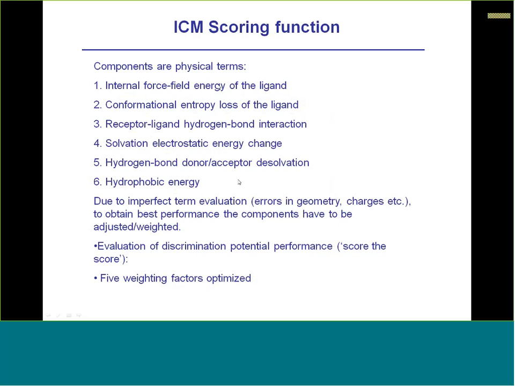Each of these components has a particular weight, which has been optimized by MolSoft. But if you have a particular target, you can actually change the weighting factors for these.